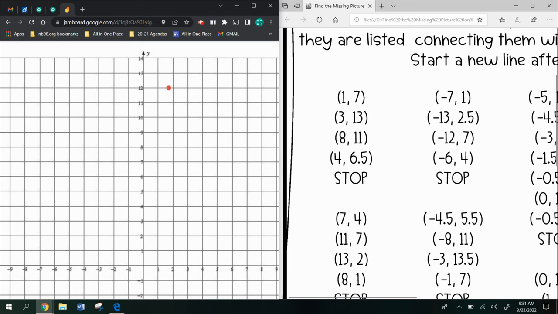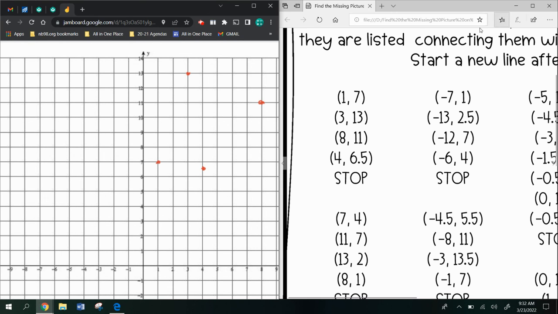So that means to the right 1, up 7. 3 comma 13. 8 comma 11. So to the right 8 and then up 11. To the right 4 and then up 6.5. So those are the 4 points in this section.